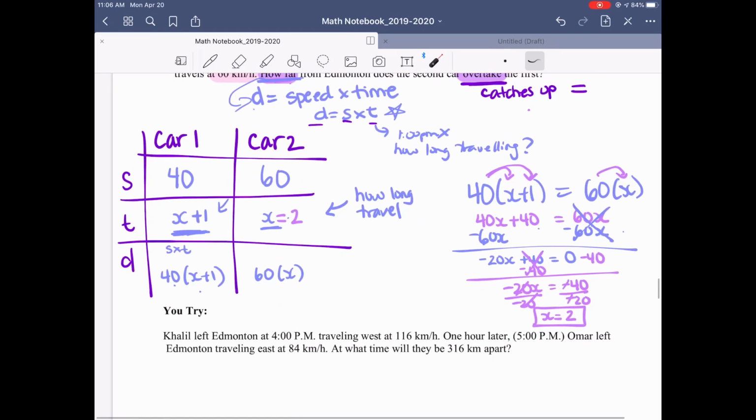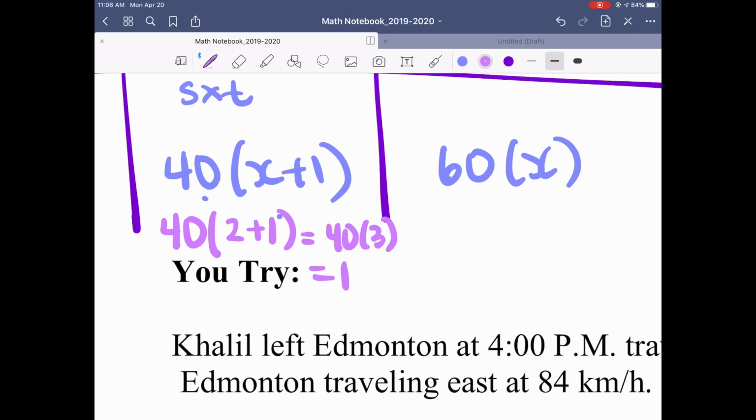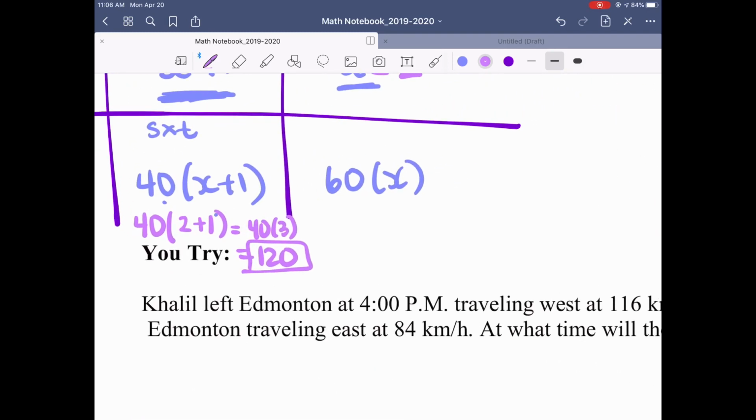So what we're going to do is plug this X into any one of our distance formulas to figure out how far away they were. And I'll show you how it works with both. So here we have 40 times (X plus 1), and we learned that X was 2. So 40 times (2 plus 1) is 40 times 3, which is equal to 120. So if we plugged in X, we would get 120 for the distance.